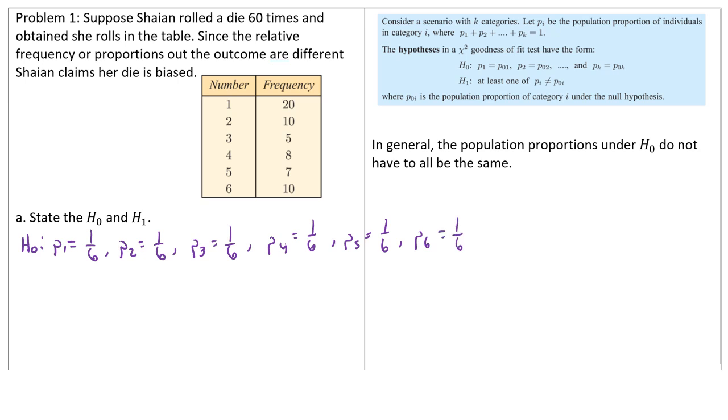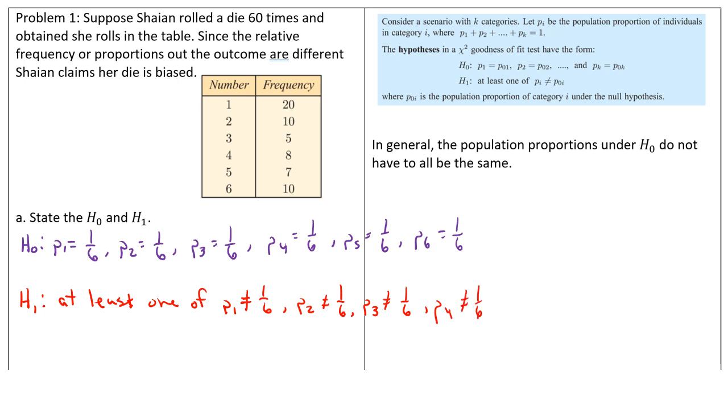All right, and therefore the alternative hypothesis is at least one of the following: P1 does not equal 1 out of 6, P2 does not equal 1 out of 6, P3 does not equal 1 out of 6, P4 does not equal 1 out of 6, and P5 does not equal 1 out of 6.